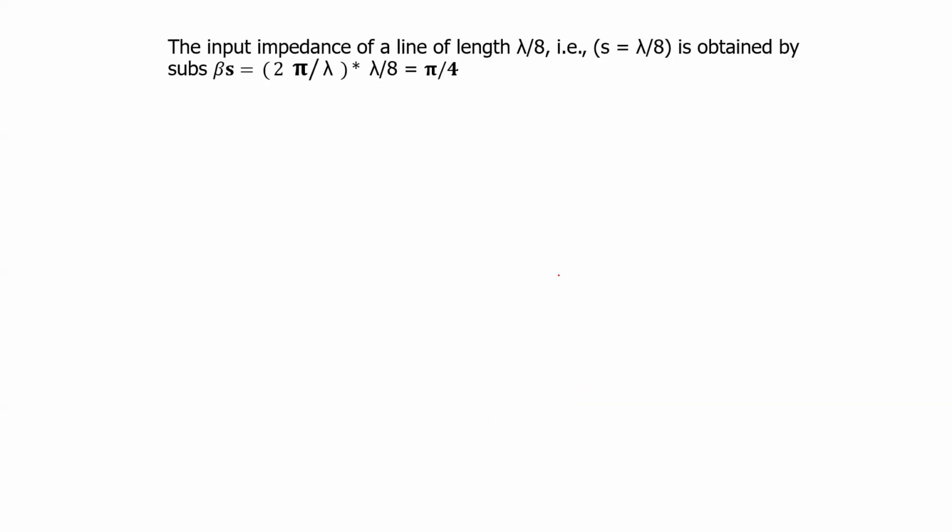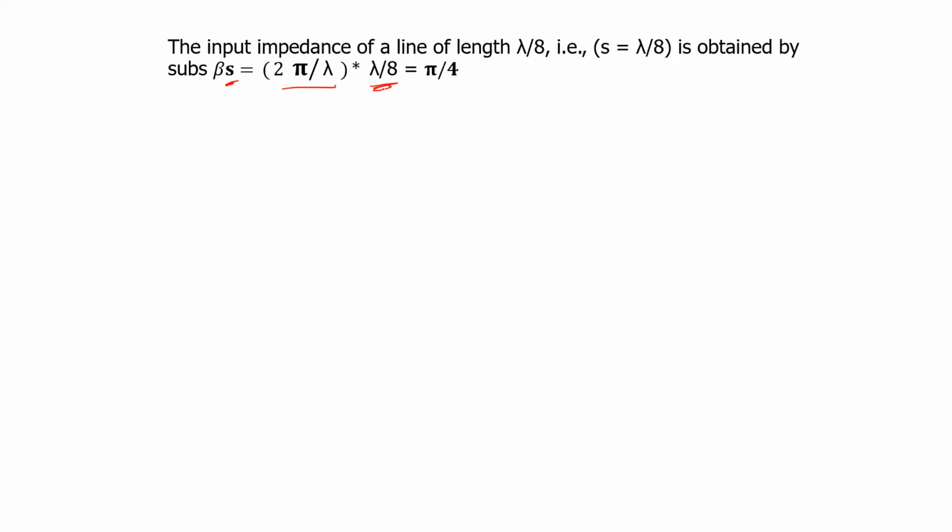So, as we know, beta is 2 pi by lambda. And here in this case, the length of the transmission line that is inserted between the load and the source is lambda by 8. So, we can find beta S. Beta S is 2 pi by lambda into lambda by 8. Lambda gets cancelled and you get pi by 4. So, beta S can be taken as pi by 4.